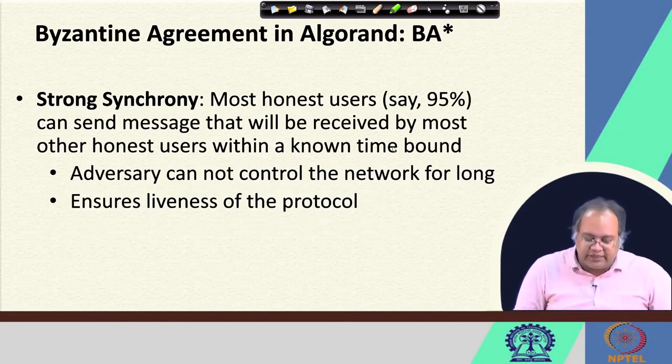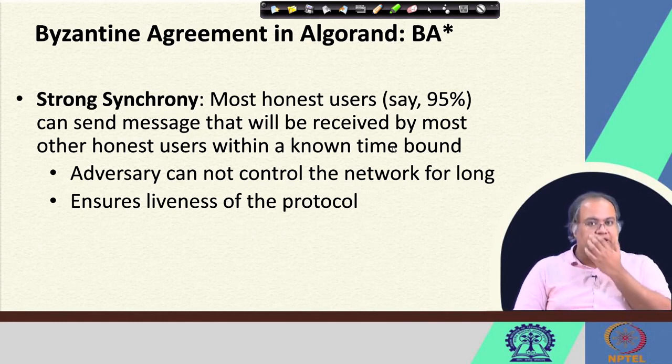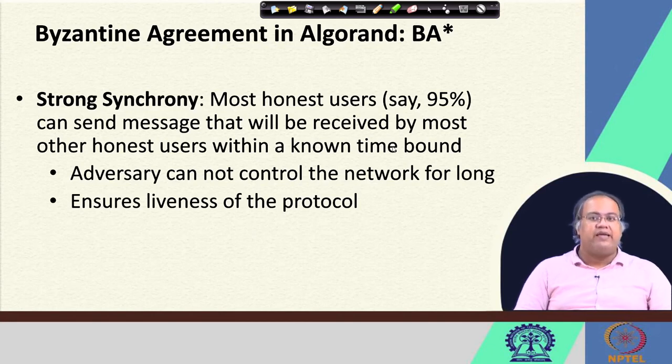Strong synchrony says that most honest users, say 95% of the users are honest, can send messages that will be received by most other honest users within a known time bound. So it makes an assumption on the time bound, that every message sent by an honest user is going to be received within that time bound.